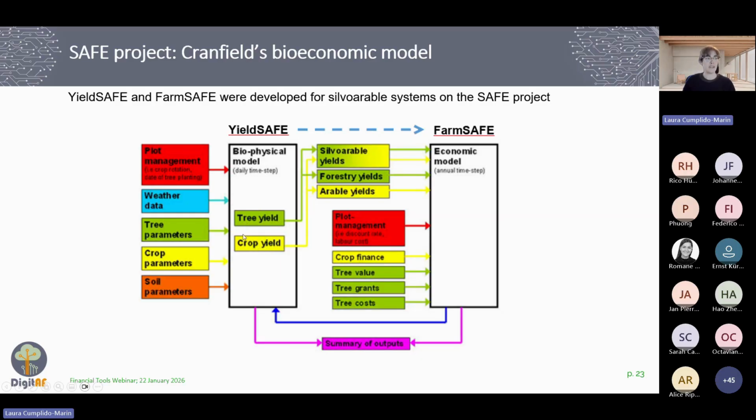With that tree yield and crop yield, you can take them to FarmSafe and create a simulation of your financial results, and that's the way they work. So they should really work together. It's possible also to just use YieldSafe to simulate yields for other purposes and use FarmSafe alone. You don't have to use them together, but they do work well together.